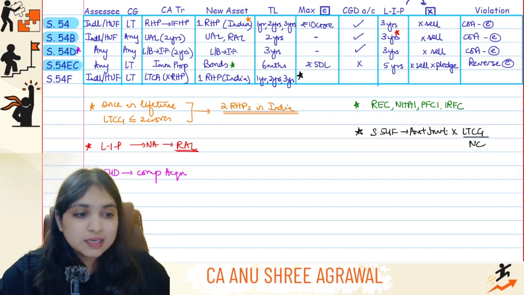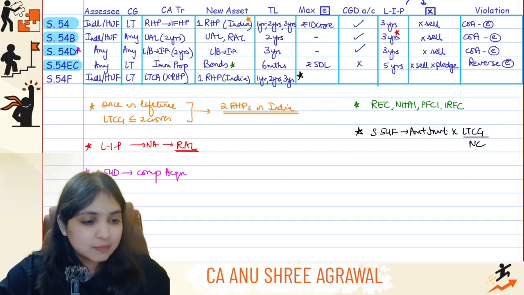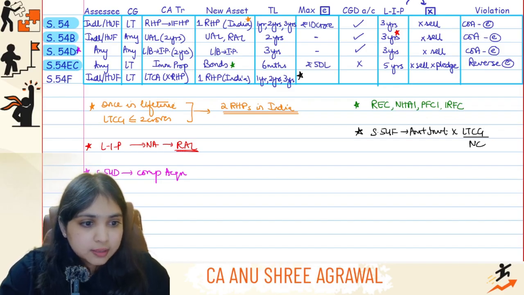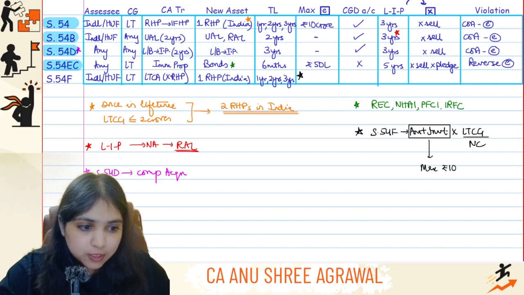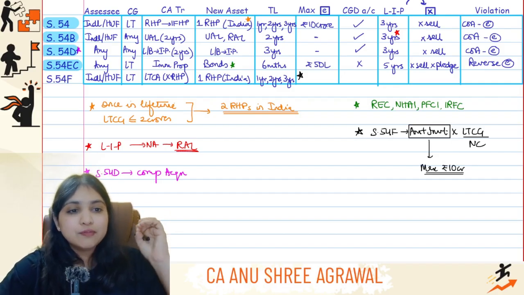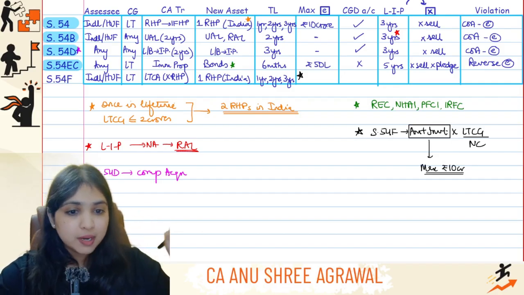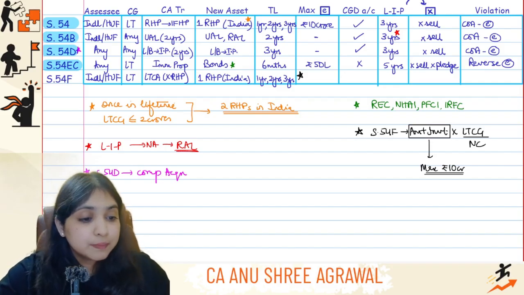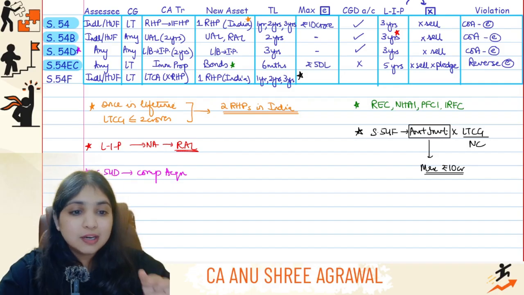Amount invested into LTCG by net consideration, that is the proportionate exemption you get over here. But you have to be careful when you're doing this computation. This amount invested number can be maximum 10 crores only. If it is more than 10 crores, you will restrict it to 10 crores. So under section 54F, the maximum exemption is on the basis of a formula. The formula is amount invested into LTCG by net consideration. And also remember that this amount invested should not be more than 10 crores.